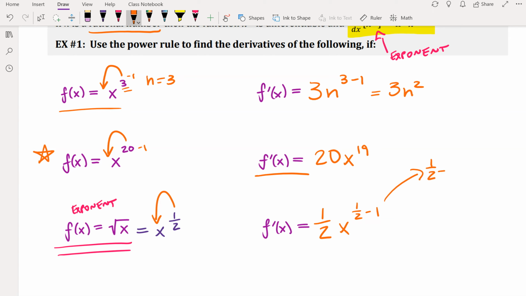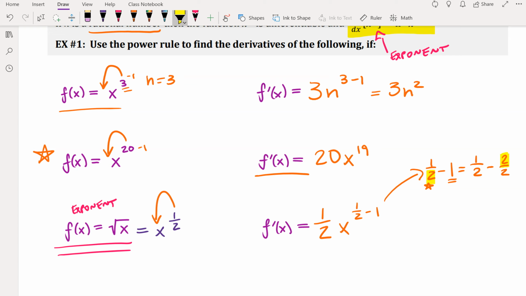1/2 minus 1 equals. All right, really quick, when you're subtracting fractions, the easiest way to think of it is to put the 1 over the denominator. So same denominator. It'll be 1/2 minus 2 over 2 because our denominator is 2 here.